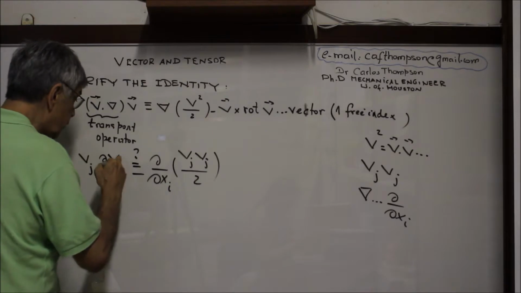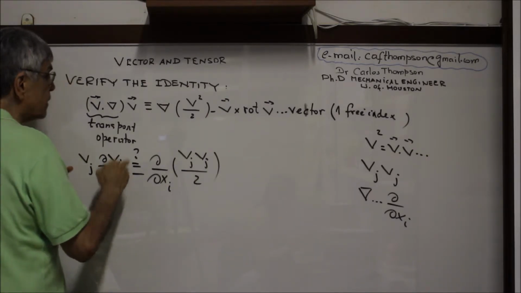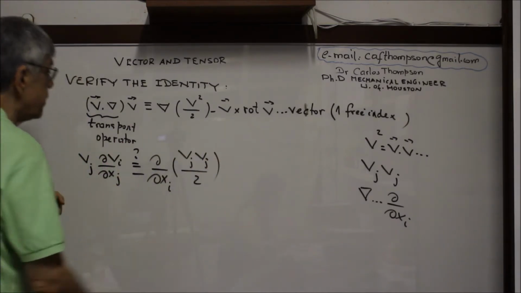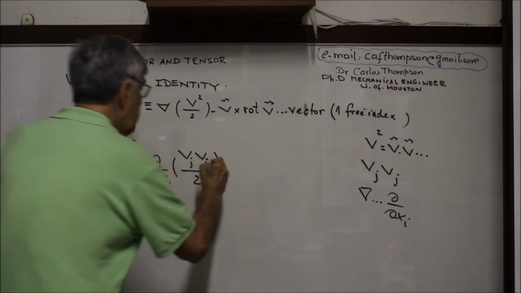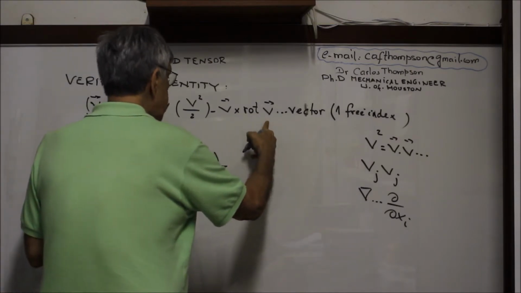And if I put I here on the left hand side as a free index, on the right hand side you must put I there, okay? Just I here and I there. Now minus, now V, rotation of V.